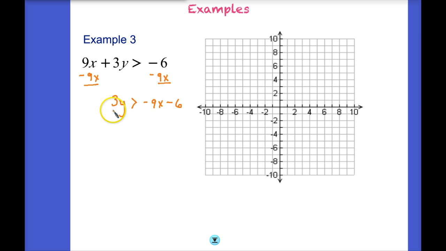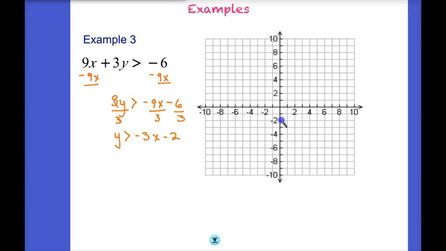Finally, I have to solve for y, so I need to divide all my terms by 3. 3 divided by 3 is just 1, so I get y is greater than -3x - 2. I just divided -9 by 3 and -6 by 3. Now I can graph this.